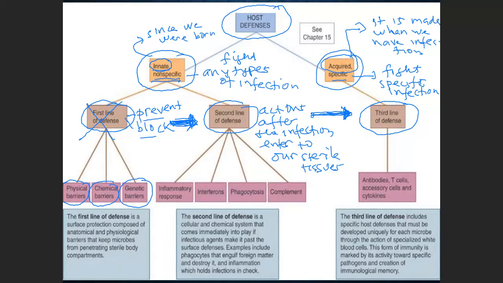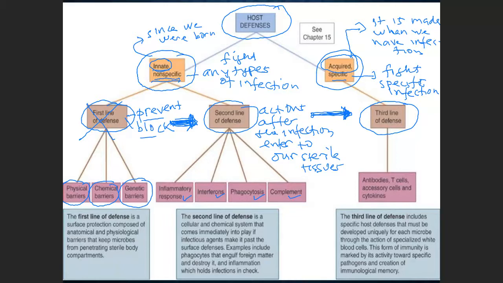If again the first line of defense fails, then the infection will enter into our body. Then we have the second line of defense. It starts with the inflammatory responses. Then there will be interferon production, phagocytosis, and also complement reaction. This is part of the second line of defense. We will talk about this later.